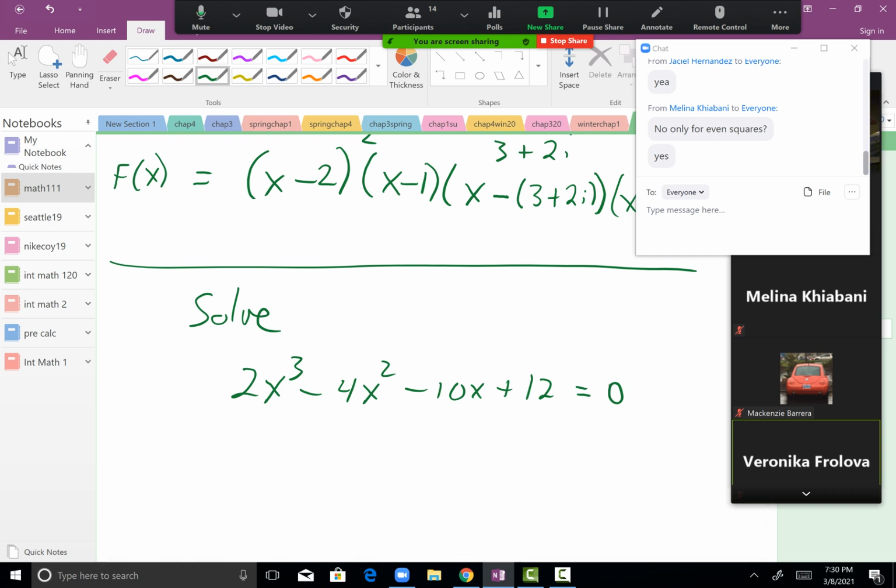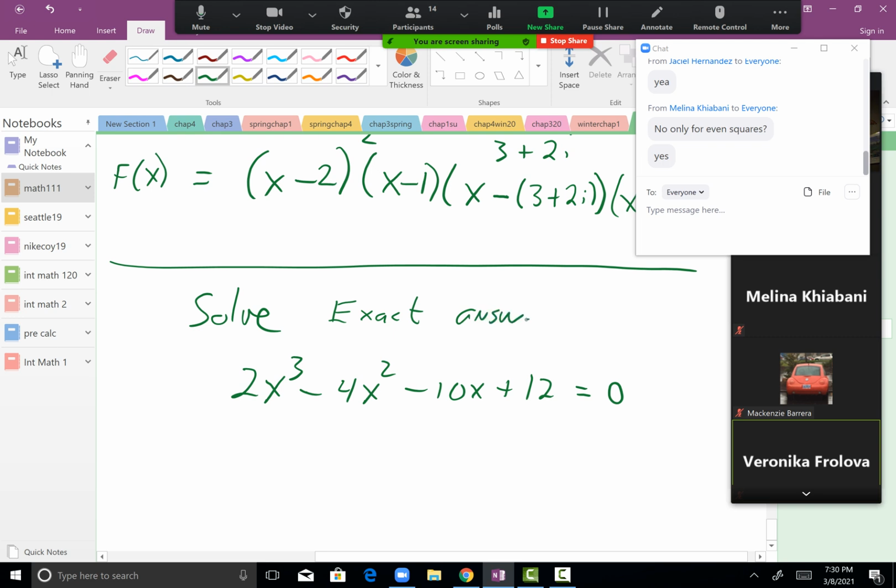I always want to graph them first because I might get all three answers just from graphing. And by the way, we want to find exact answers here. Okay? We want to find exact answers. And they don't really specify that, but that's what we're looking for.